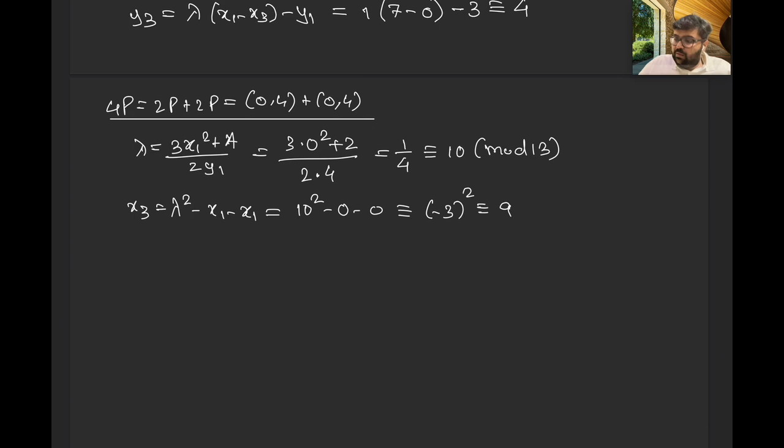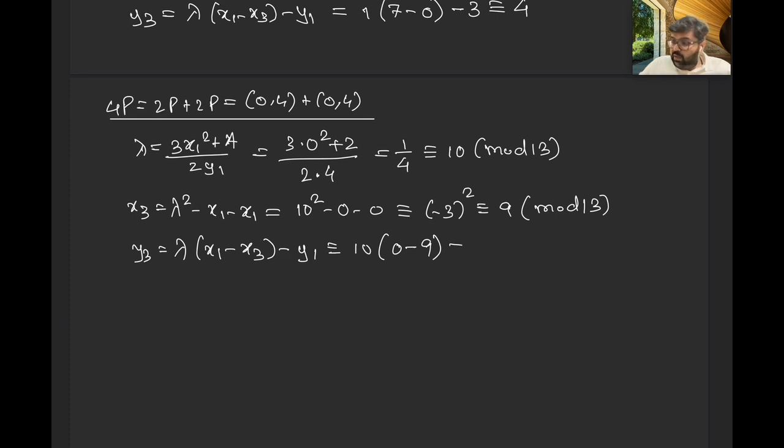Minus 3 square, which is 9. And y3 is lambda times (x1 minus x3) minus y1. So lambda is 10, x1 is 0, minus x3, x3 is 9, and minus y1, y1 is 4.